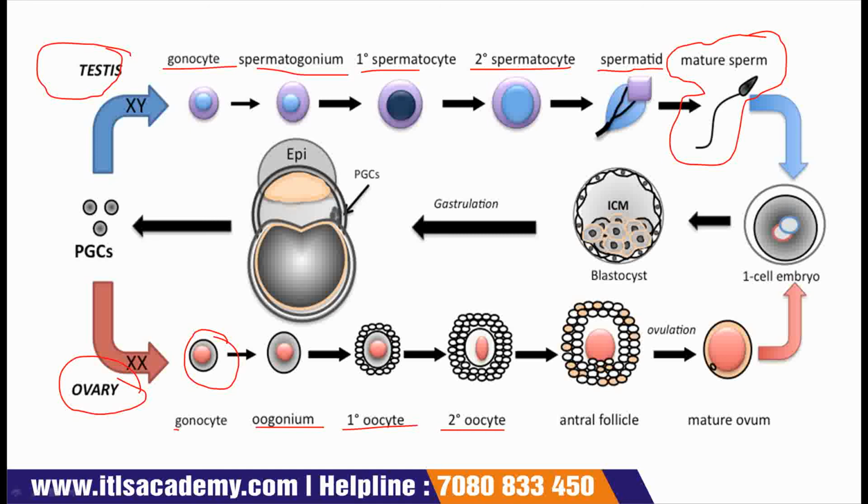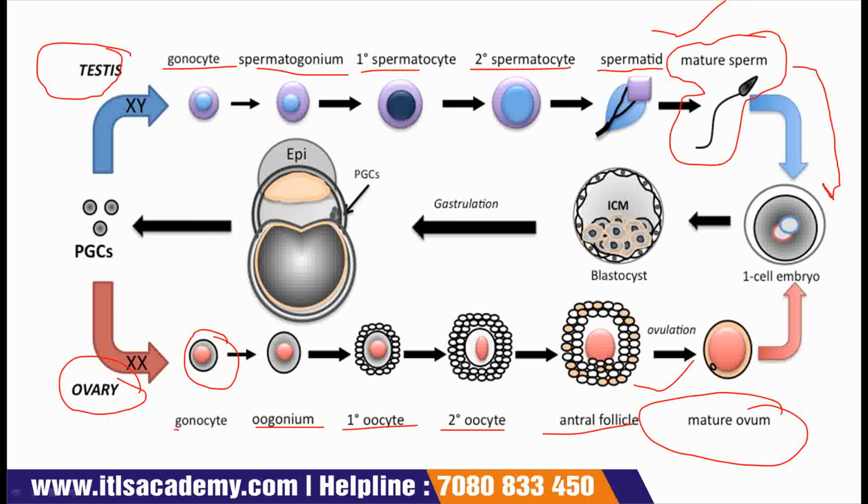Secondary oocyte forms antral follicles, and these antral follicles finally form mature ovum. Now you can see here this is mature sperm and this is mature ovum. Here comes the process of fertilization, that is meeting of these mature gametes.